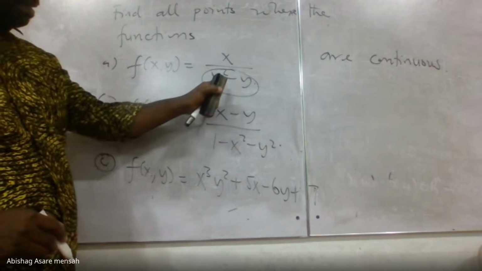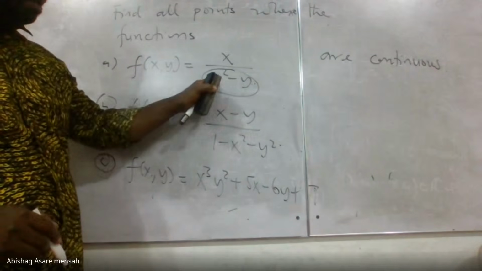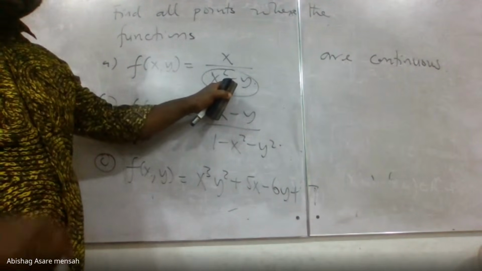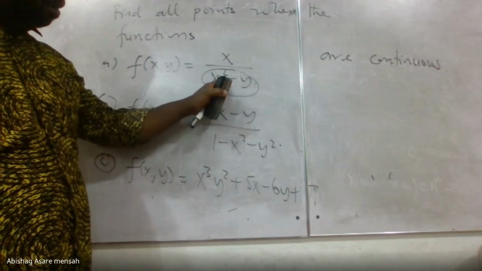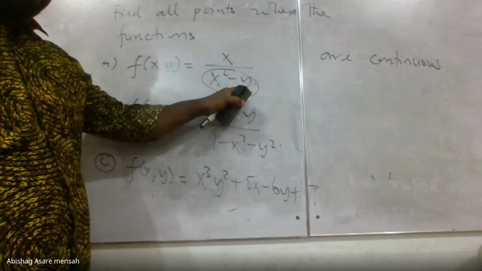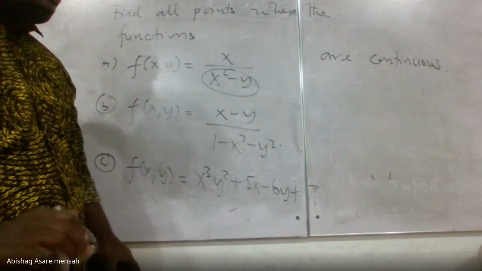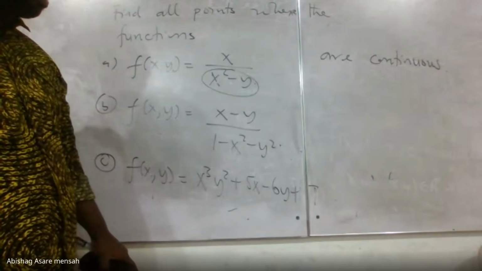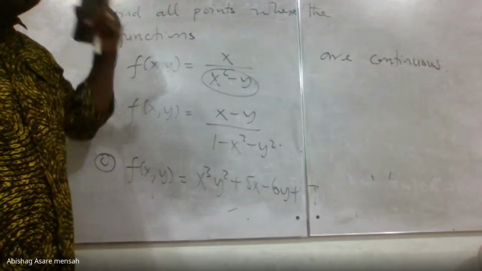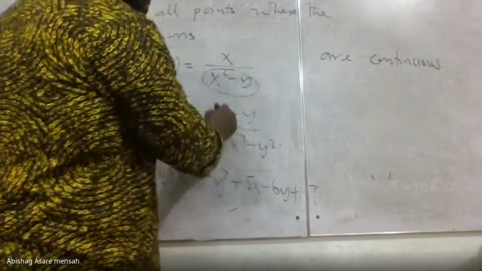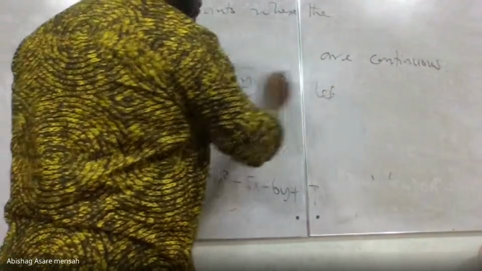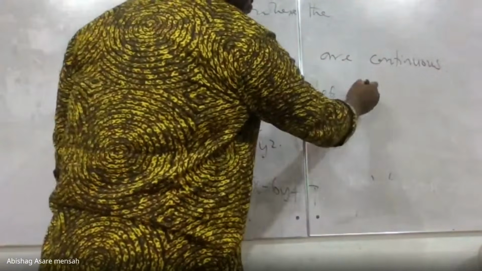Now remember that there's a negative between them. It's not addition, it's negative. And moreover, one is squared and the other is not squared. So you cannot think of negative and positive numbers. You have to be very careful here. So what you have to do is let x squared minus y be equal to 0.